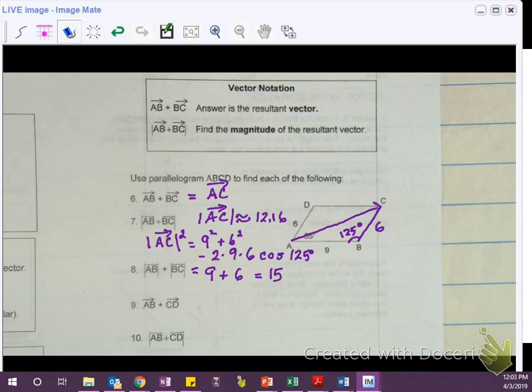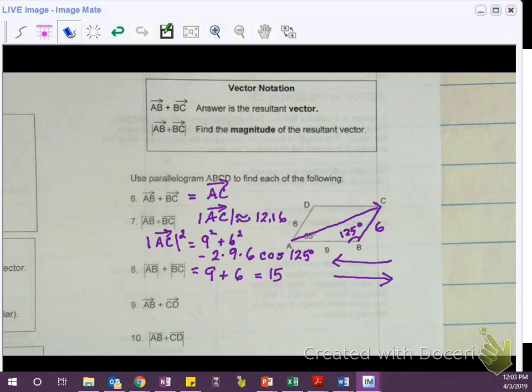All right, now this next one is interesting. AB is going this direction. CD is the same length going that direction. Remember that we said that two vectors are equal if they're the same length and the same direction.